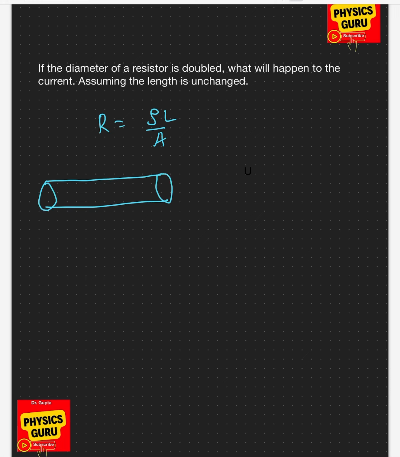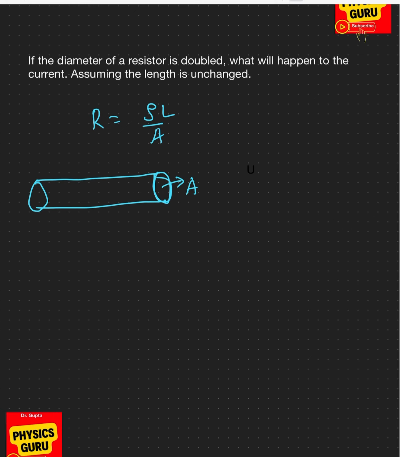So this area is the cross-sectional area, and it is circular. So what is the area of a circle? The area of a circle is pi d square over 4. So I can write down rho L over pi d square, and if I use the 4, it will go on the numerator. So that's my equation for the resistance.